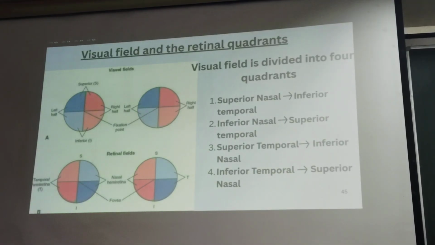This is the superior nasal quadrant, but this will be interpreted as the inferior temporal quadrant. So the superior will change to inferior, and apart from that the nasal will also become temporal. Similarly with the others: the superior temporal will become the inferior nasal, and the inferior nasal will become the superior temporal.